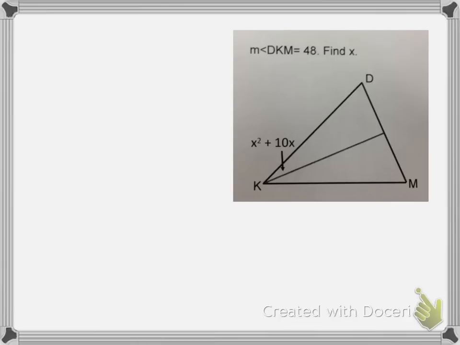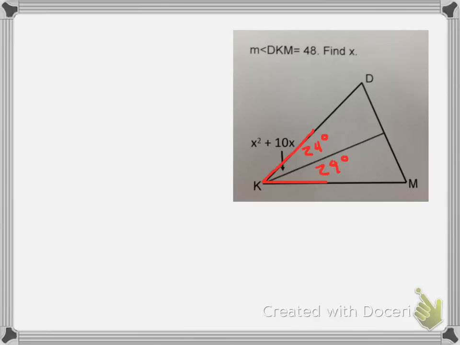So if this angle right here is 48, and we're going to assume that that's an angle bisector because that's what we're talking about, that means that each one of those angles is going to be equal to 24 degrees, because if it's an angle bisector, it cuts it in half.